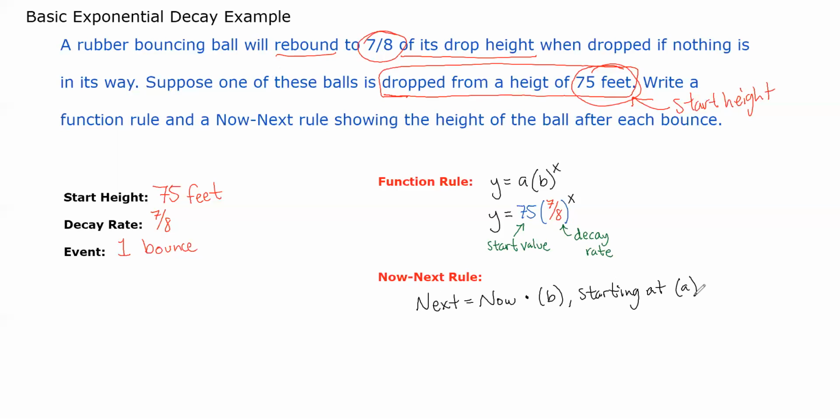Once again, we've seen this a few times. I'm just continuing to show it so that we don't forget. That means our rule will look like next equals now multiplied by 7/8, comma, starting at 75.